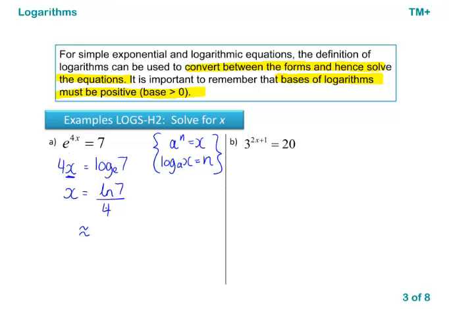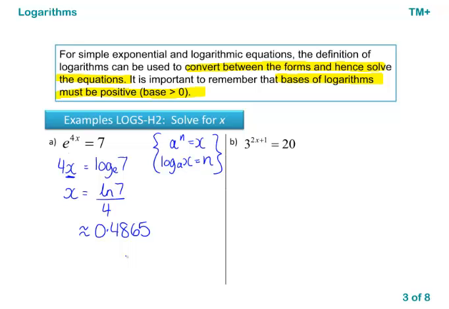If on our calculator we plug in ln of 7 and divide it by 4, our answer should be approximately 0.4865. I've done that to 4 decimal places to be a little bit more accurate. So we've been able to solve for that x.